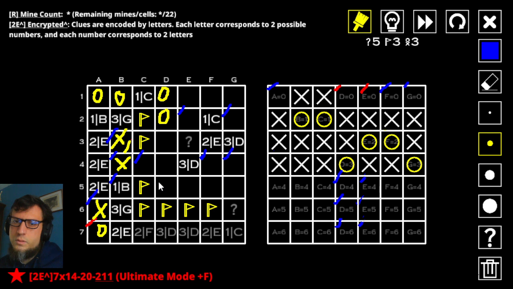Don't really see a way to get anything else, which is strange. Wait, no, this particular G is 0. G is not allowed to be 3. It already has 2. Oh yeah, the B has 1 though, so we can do that anyway. This C, it could be 4 still. If this one was 4, would that cause problems? Maybe not?